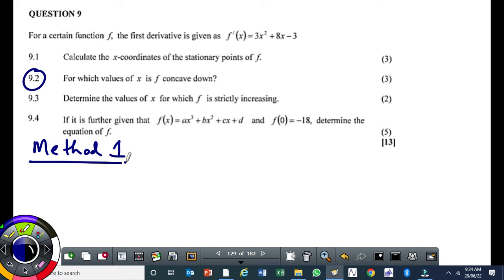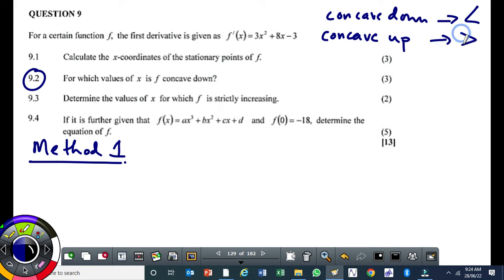The way that I memorize this is that with concave down, because of the way it points down, I consider that to be negative. If it's concave up, I consider up to be what? Positive.